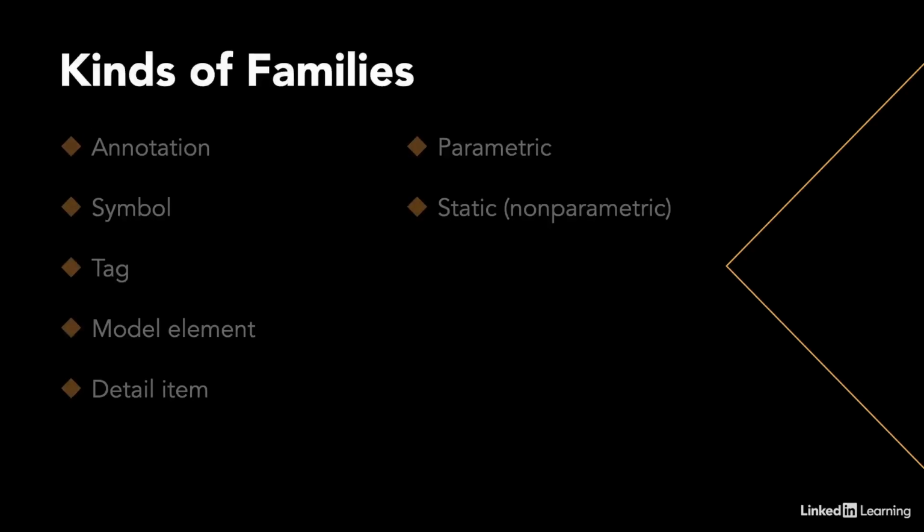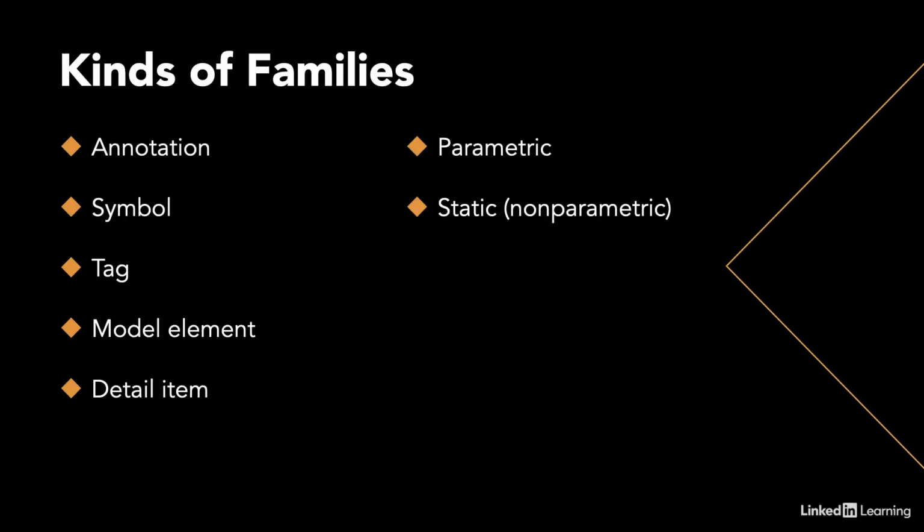There are many kinds of families in Revit, and here's just a short list. And any of these can be parametric or not. If you're creating a detail element family or a symbol family, and you're creating one that doesn't need parametric behavior, then you might not need to do all the steps that we will showcase here in this chapter. So I just wanted to point that out so that you can keep that in mind.